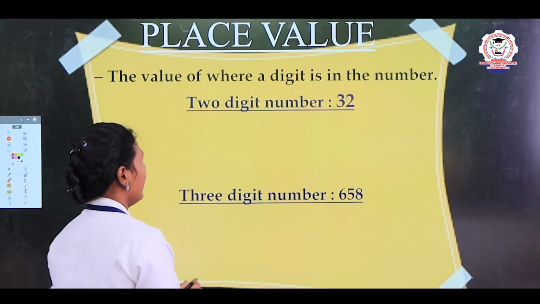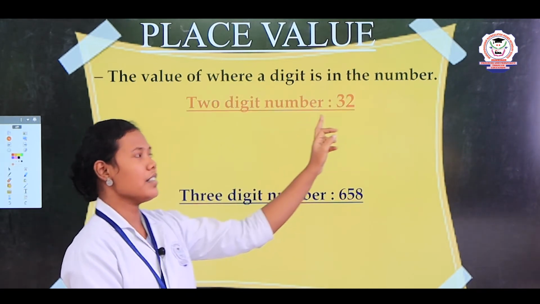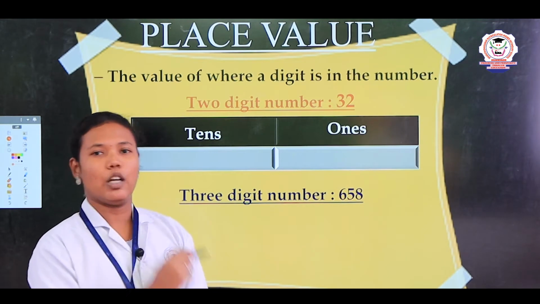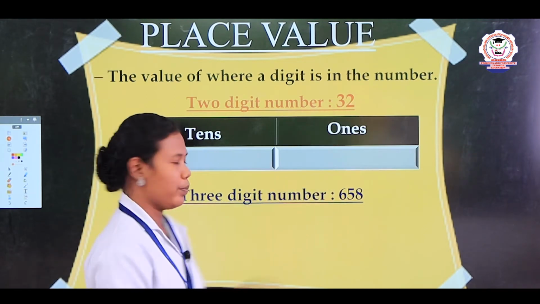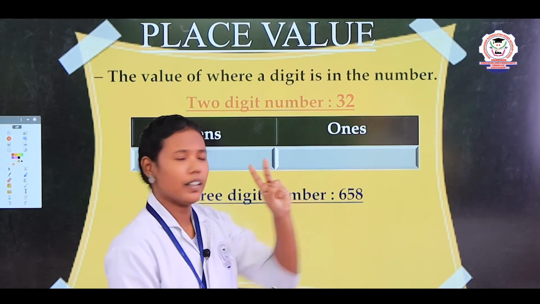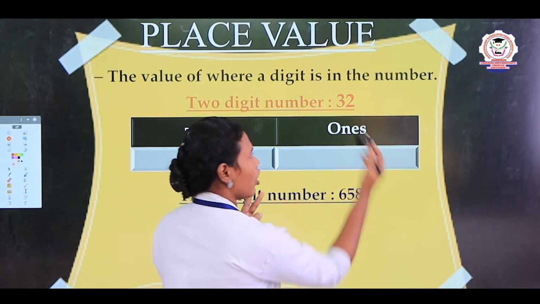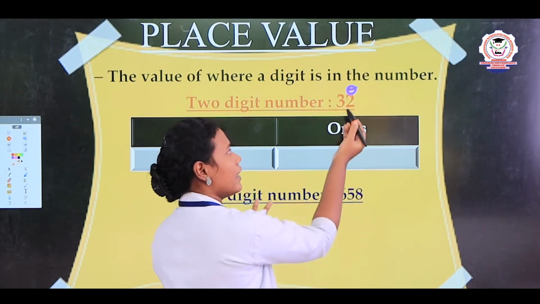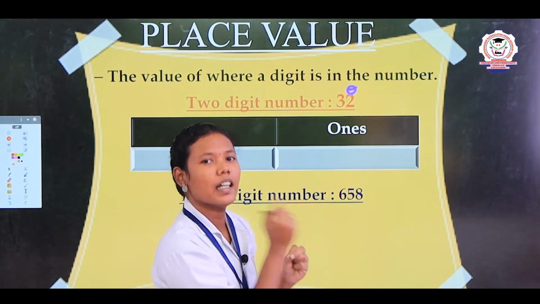Then, for the 2 digit number 32, we are going to find the place value. We have only 2 digits. The right corner of the number will be our ones, and next to it is called tens.